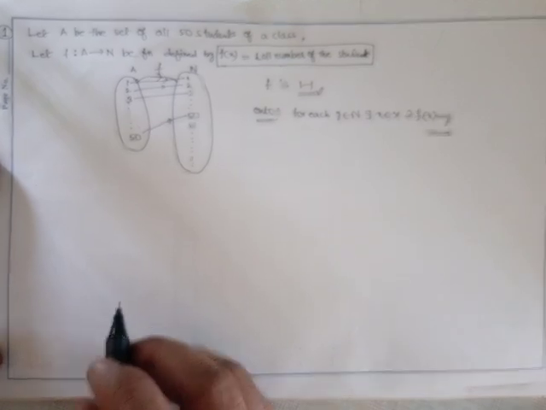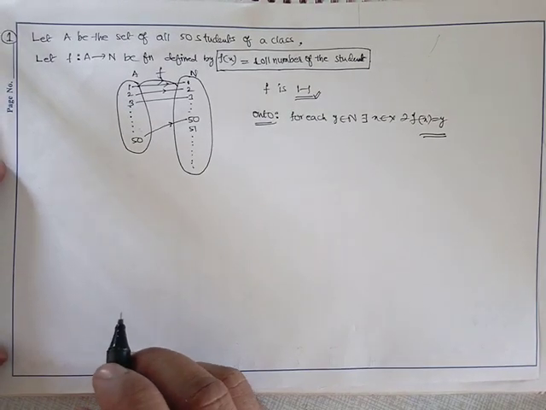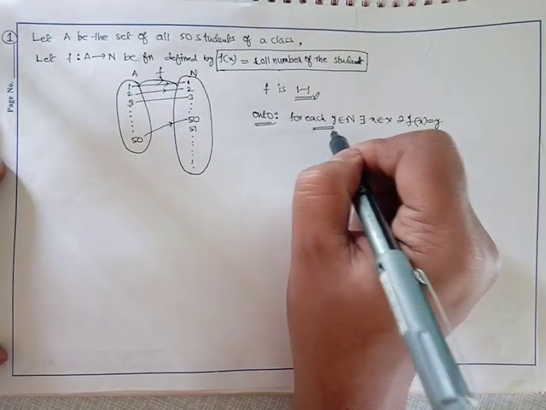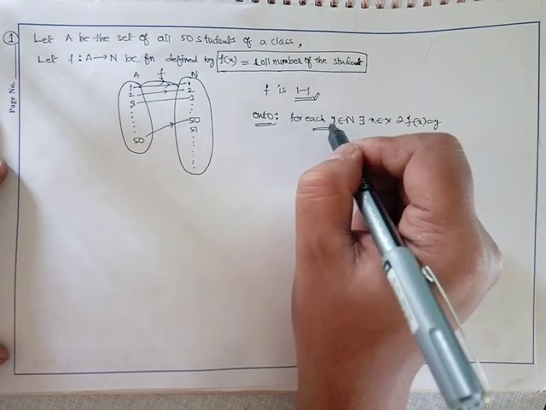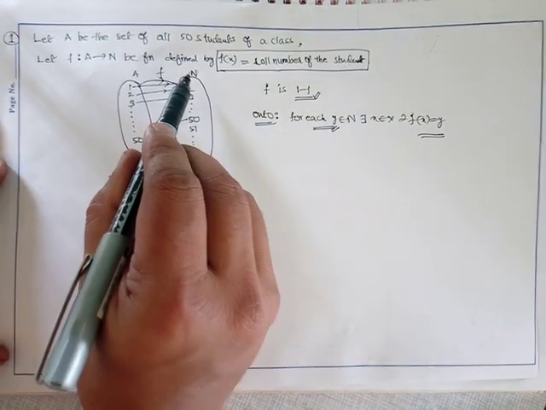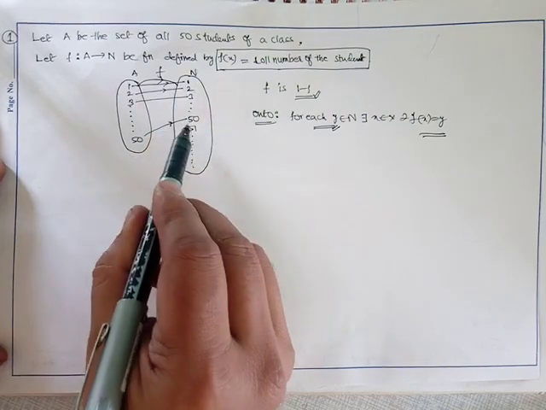So this is your general definition, and it is saying here for each y belongs to natural numbers, and from 1 to 50 elements.